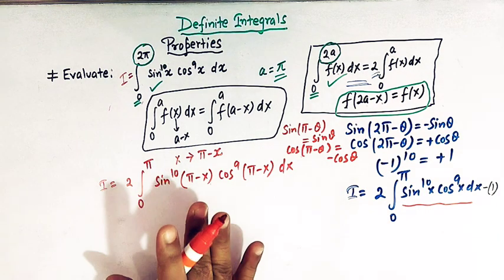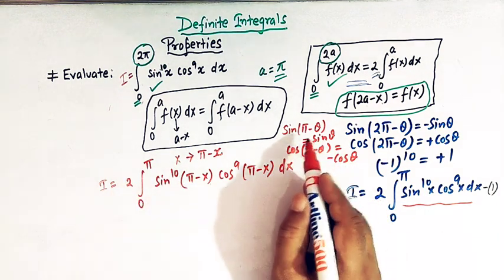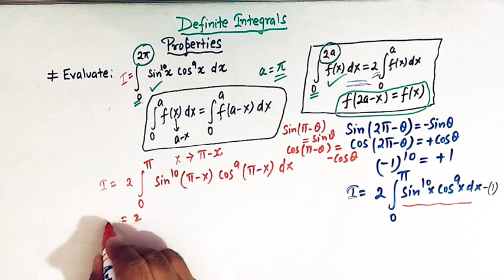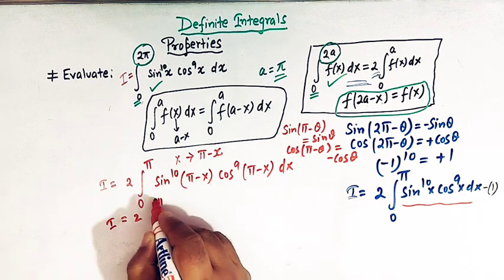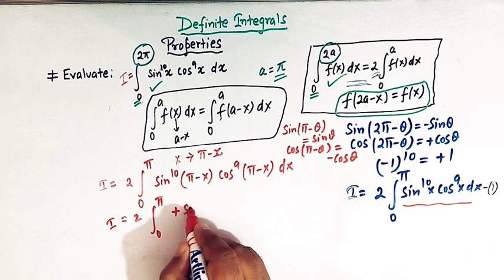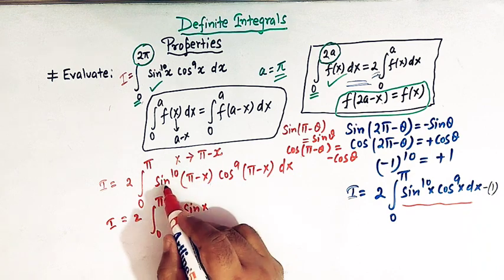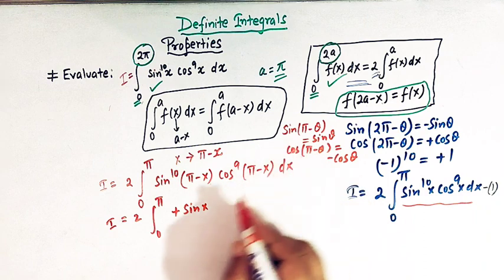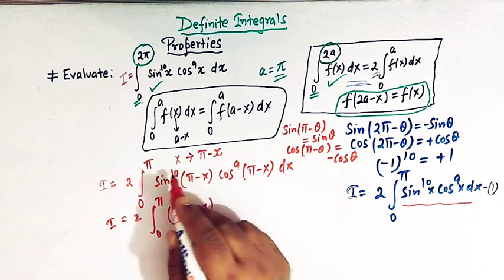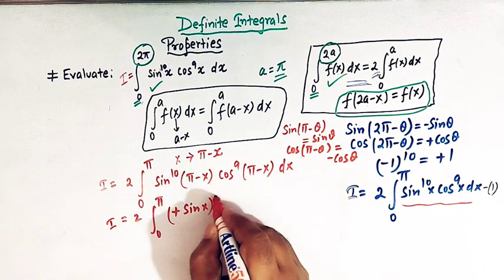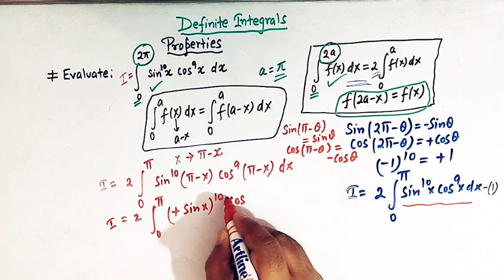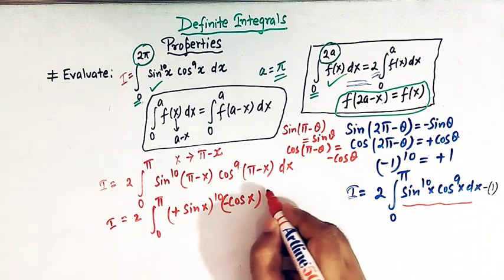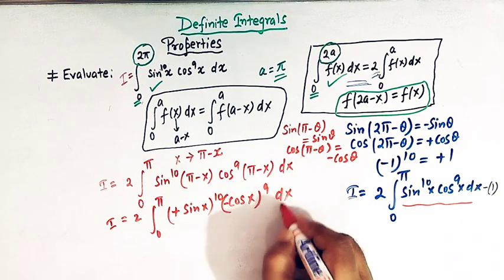So we replace sine of pi minus x by positive sine x, raised to the power 10, and cos of pi minus x by minus cos x, raised to 9, dx.